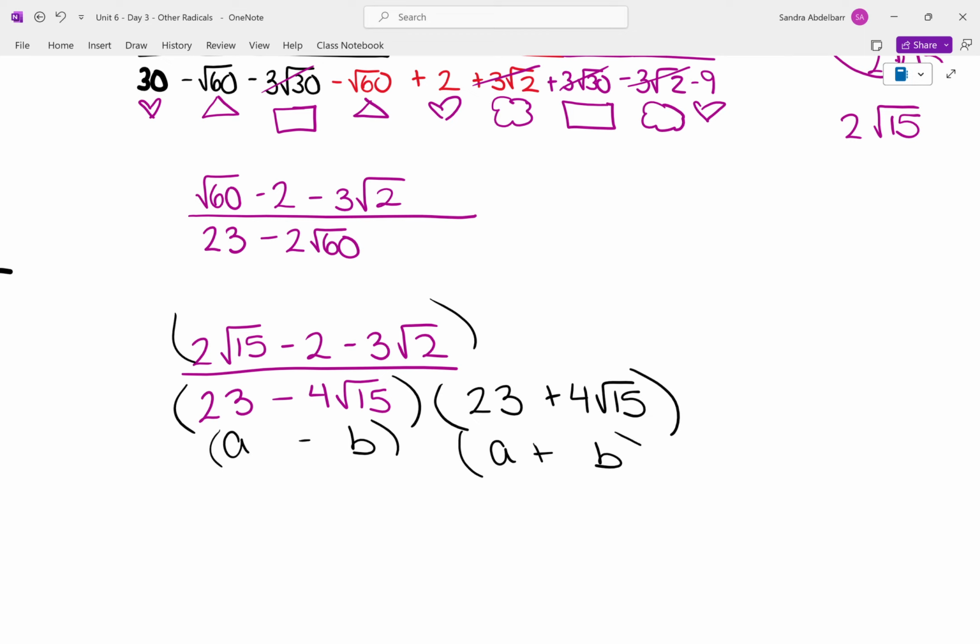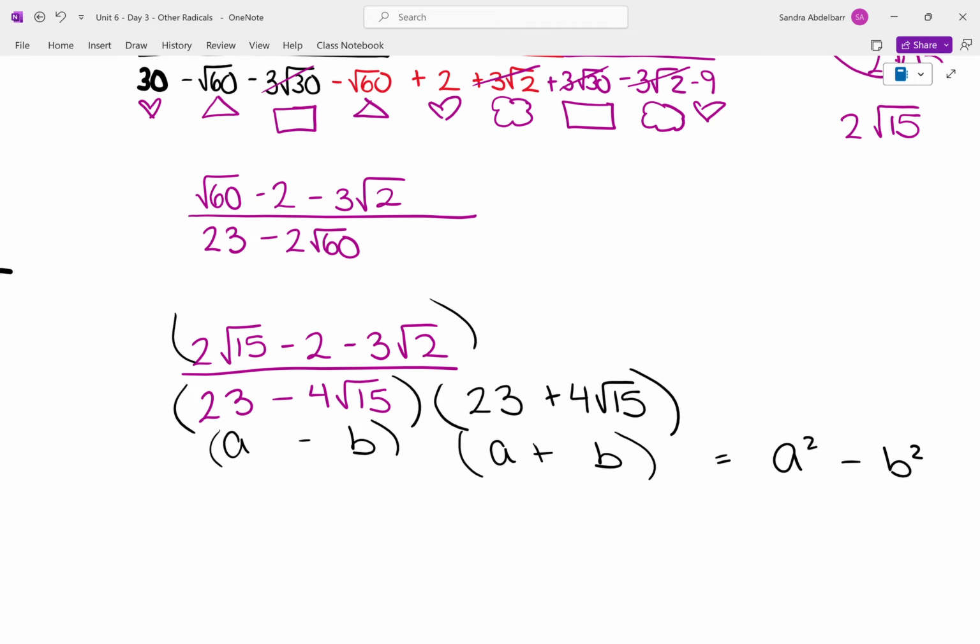And guys, don't you know a minus b times a plus b? Isn't that just a squared minus b squared? Isn't that the difference of squares? So do I actually have to FOIL out, or could I just square a and square b? We could just square a and square b, because we know a minus b times a plus b is a squared minus b squared.